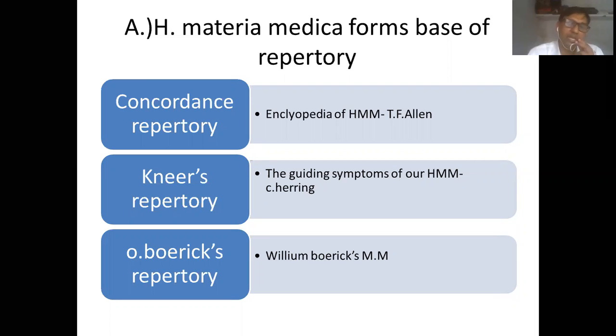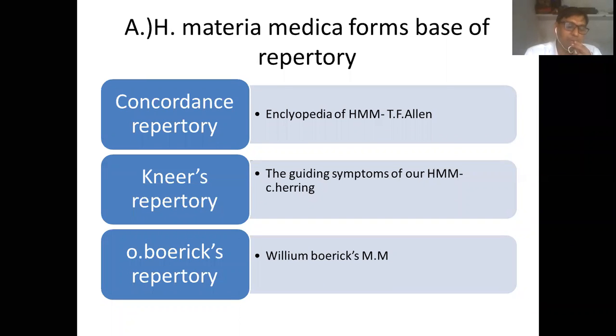So each and every symptom of this materia medica is indexed in those 6 volumes of Concordance Repertory. Then Knerr's Repertory, another Puritan repertory, has its singular source, the Guiding Symptoms of our Homeopathic Materia Medica by Constantine Hering. Now, all these 10 volumes of materia medica are indexed by Dr. Calvin Brobst Knerr in his repertory.